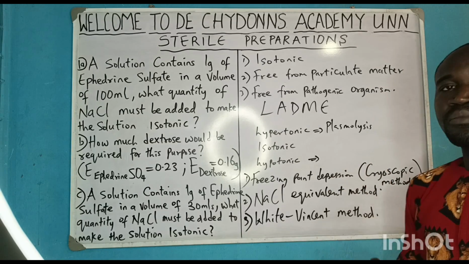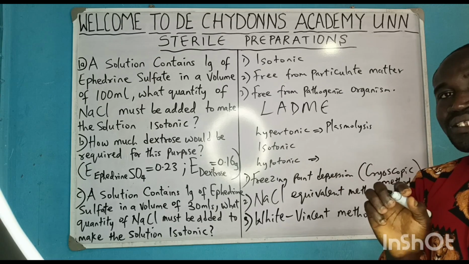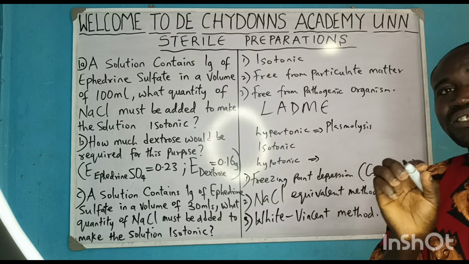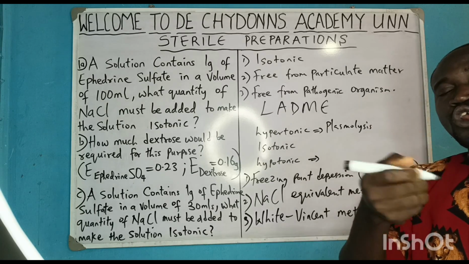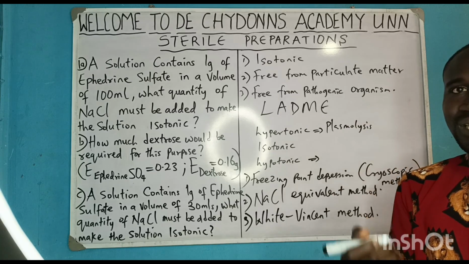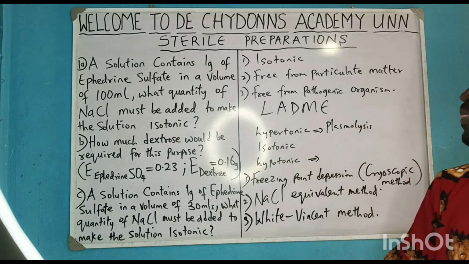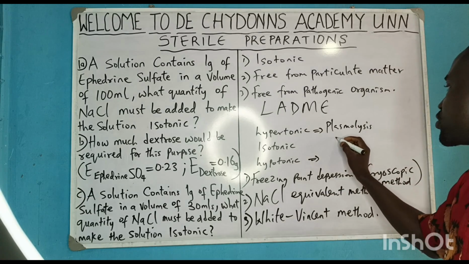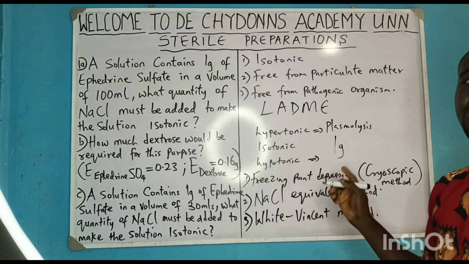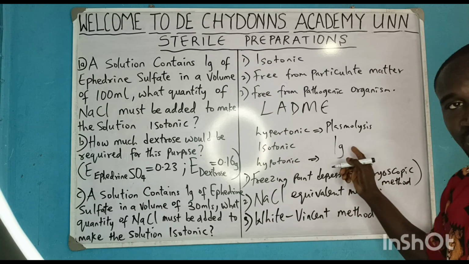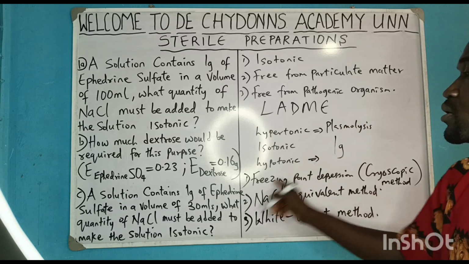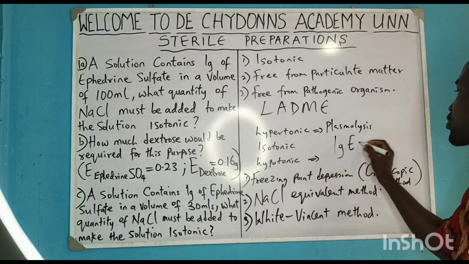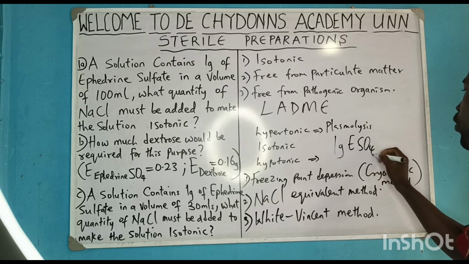It's coming from the concept that says every pharmaceutical powder has a quantity of sodium chloride content in it. What do I mean? Let's say ephedrine sulfate. If you have 1 gram of ephedrine sulfate, look at what they wrote here. It means that 1 gram of ephedrine sulfate will be having what?